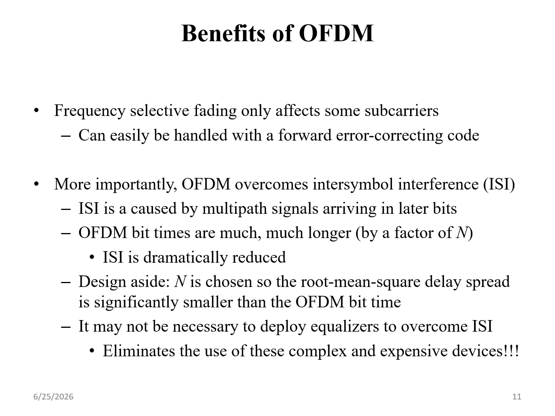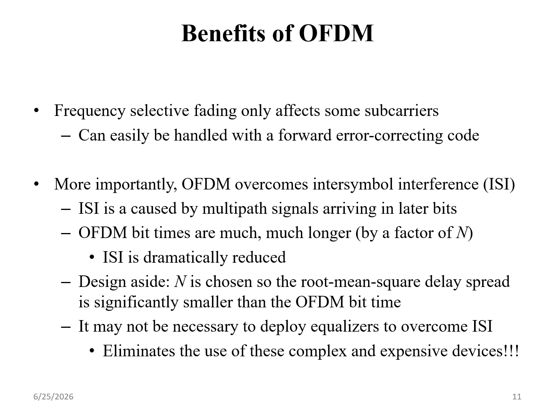Now we are going to discuss the advantages of OFDM. Frequency selective fading only affects some subcarriers, and can easily be handled with forward error correction coding. So easily you can take care of this situation with the help of a forward error controlling code.